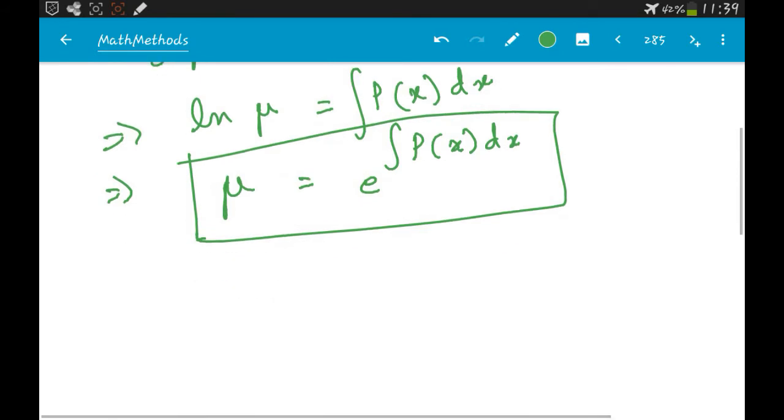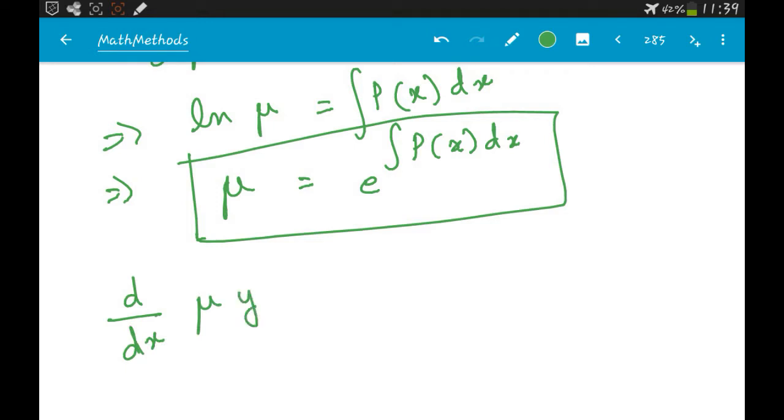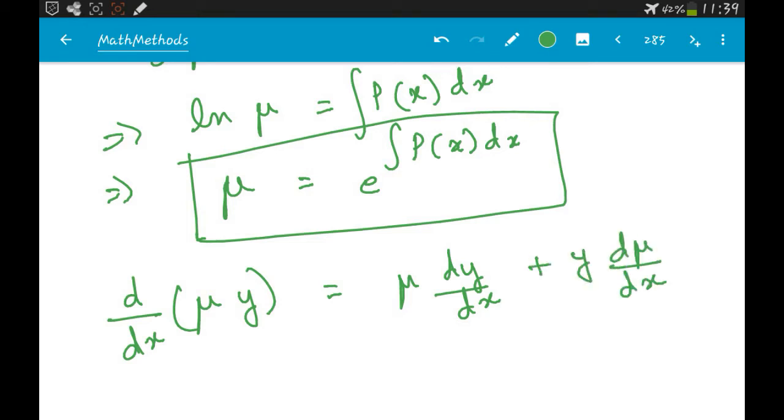Now what we have to do is, we had written d by dx of mu into y giving us mu dy by dx plus y into d mu by dx, right? This is what we were having.